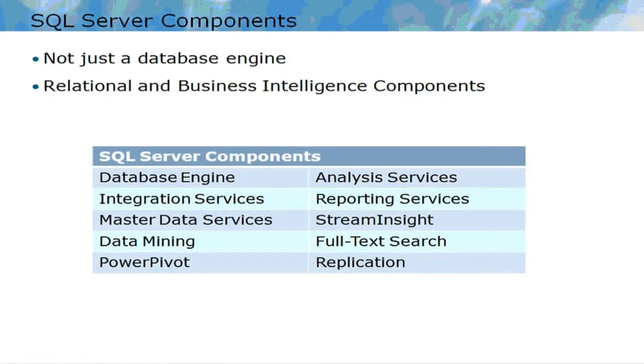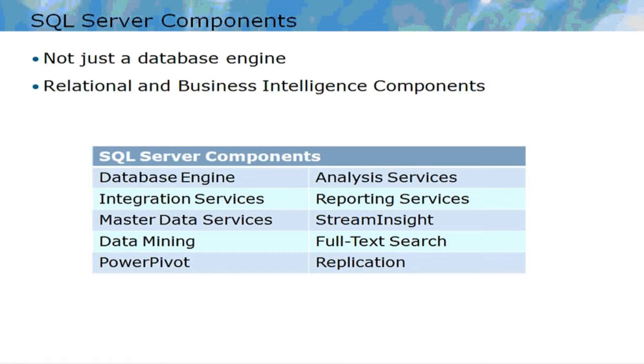Another important thing is what the different components available in SQL Server are, and what they help us do. I'll tell you about each and every piece you see in front of you. When you say database engine, integration services, analysis services, we might need to understand whether we require all these components or not. Microsoft has not only focused on the relational components, the relational database management system, they also focused on business intelligence components.